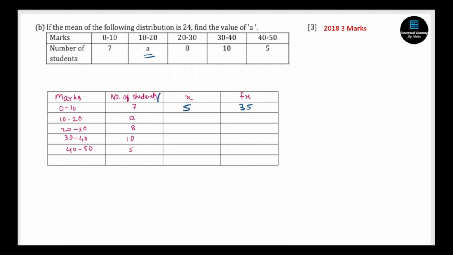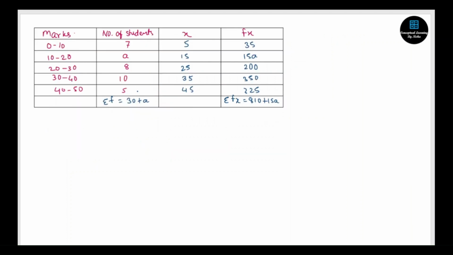I quickly make the table accordingly. When I add all the fx values, we get 810 plus 15a, and sigma f is 30 plus a. Now the mean equals sigma fx upon sigma f.